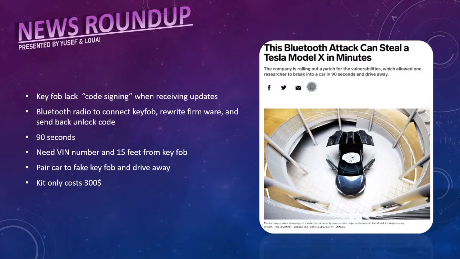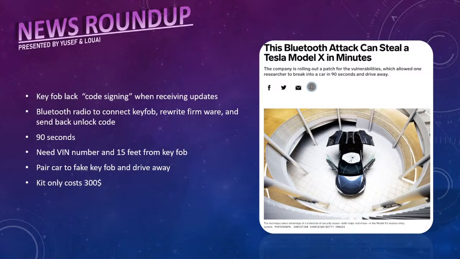Essentially what he did is, by getting a Bluetooth radio, connect to that key fob. Now anyone can do this, but the interesting thing is the key fob doesn't have any code signing mechanisms when it receives these updates. So he was able to rewrite the firmware of the key fob and then get the key fob to send back the unlock code. With that unlock code, he's able to unlock the car.